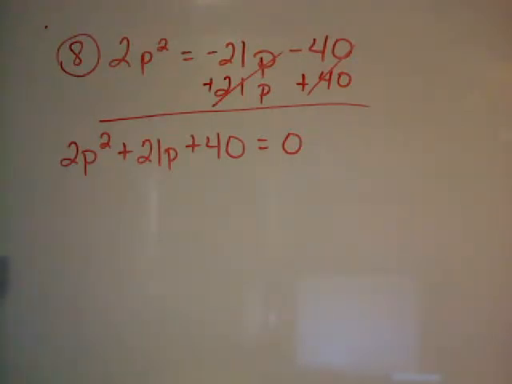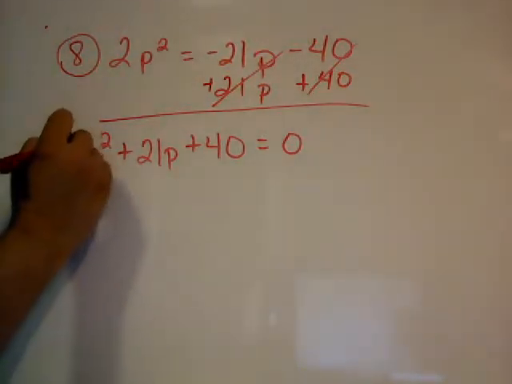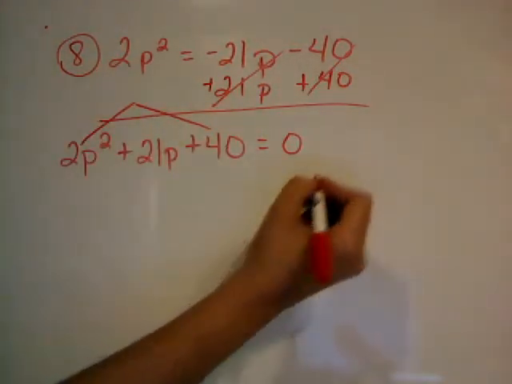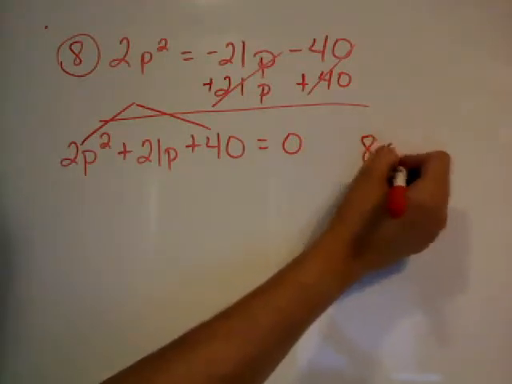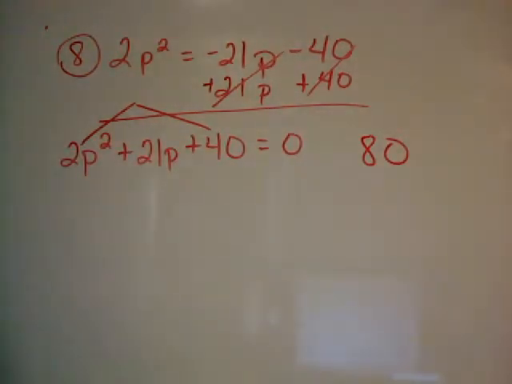Now I have an equation like I have been working with. Okay? So all I have to do now is say 2 times the 40, which gives me 80. And then I need two factors that when I multiply them together, I get 80, and whenever I add them, I get 21.